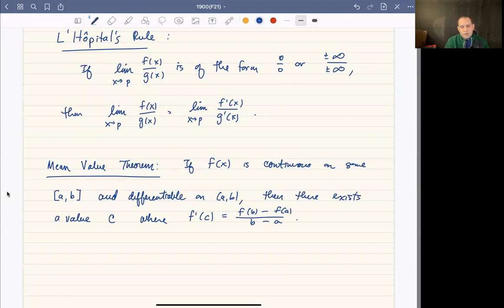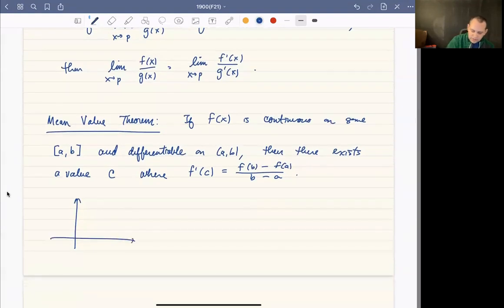And so this is the mean value. This is the slope of the secant line. So if you were to have a graph here of a function, so let's say f looks like this from a to b, it's going to be continuous over the interval with endpoints, differentiable on the interval without endpoints, right?